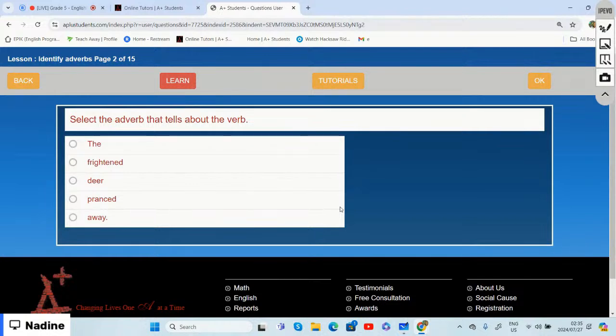Pranced is a verb, but what is the adverb that tells us about pranced? It says the frightened deer pranced away. What is the word that tells us about the verb? The verb is pranced. It's like to move in high speed.